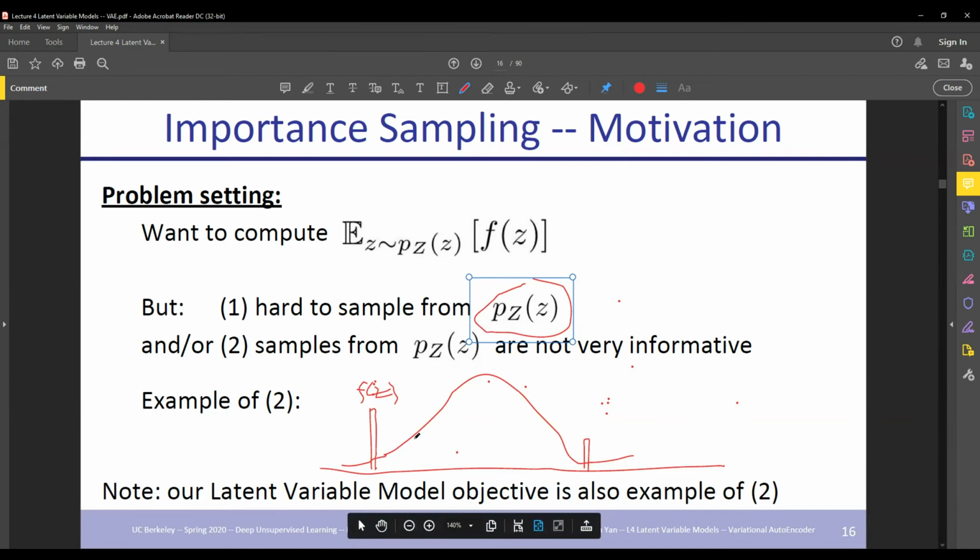So most of your samples, given it's a Gaussian, will be in this space. Whereas in order to successfully and efficiently compute the expectation of f of z with z from p of z, you want values of z here and here. But that's not what you're going to get typically.